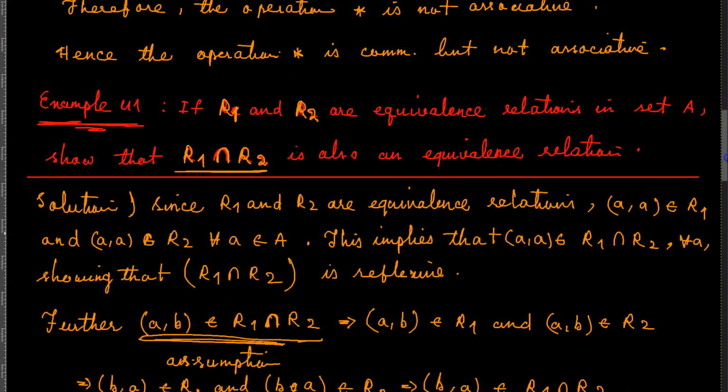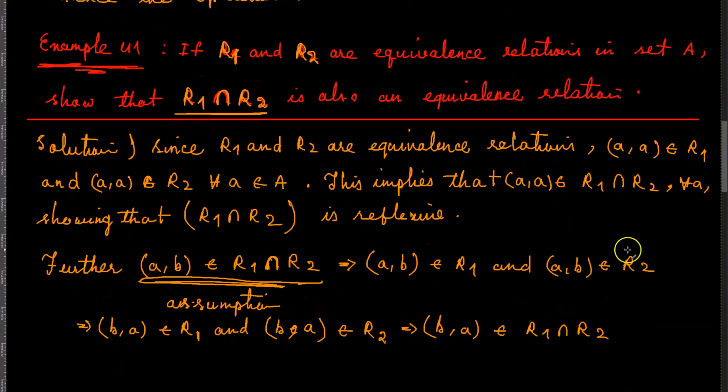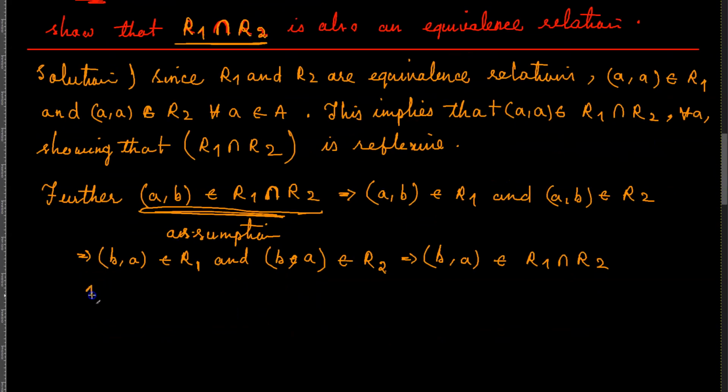Since R1 and R2 are equivalence relations, when (a, b) belongs to R1, that means that (b, a) also belongs to R1 and (b, a) also belongs to R2, which means that (b, a) belongs to R1 intersection R2, right? Hence R1 intersection with R2 is symmetric.